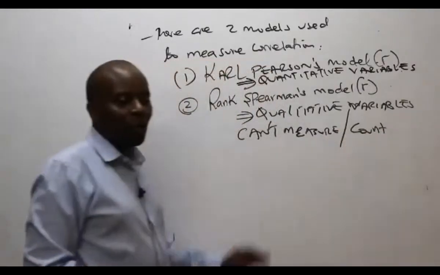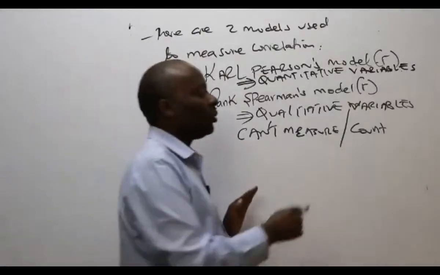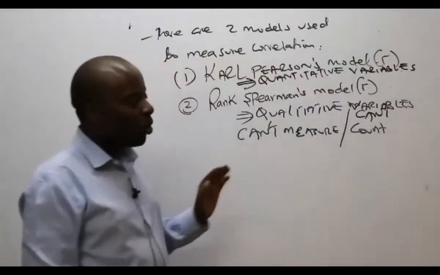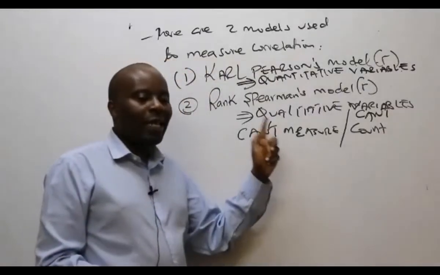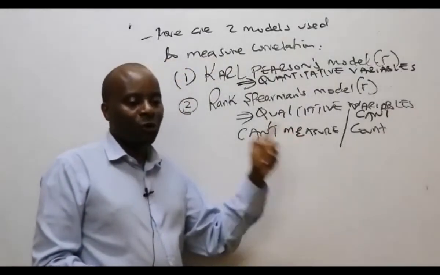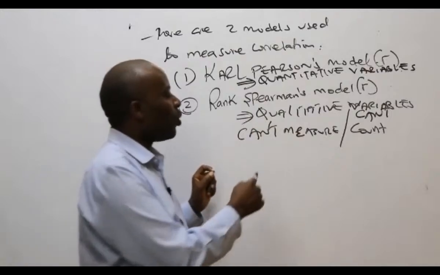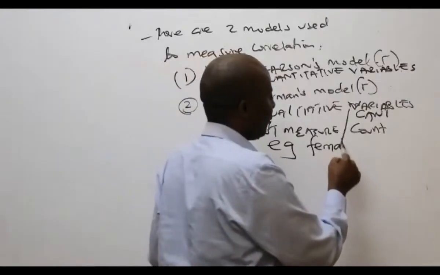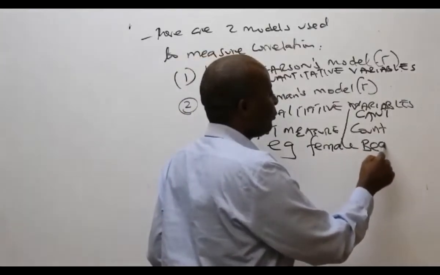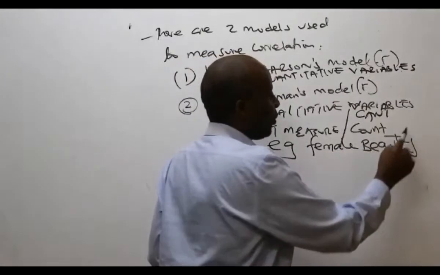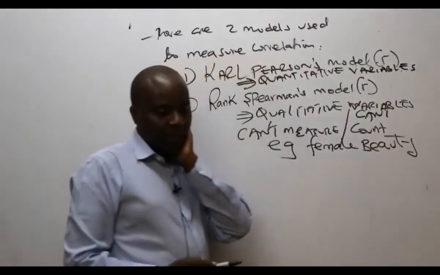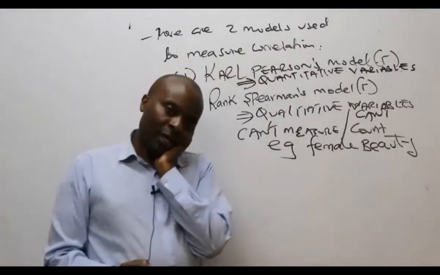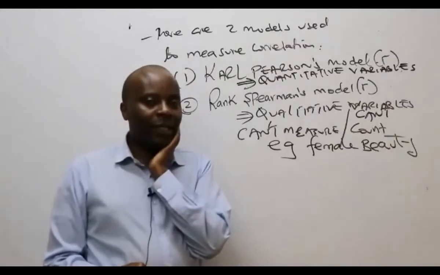Those variables are called qualitative variables. A very good example of a qualitative variable, ladies and gentlemen, is female beauty. There is no way you'll be able to measure how beautiful a lady is.